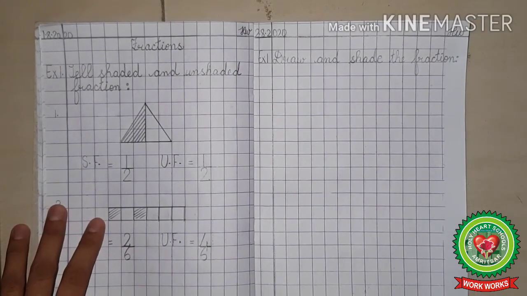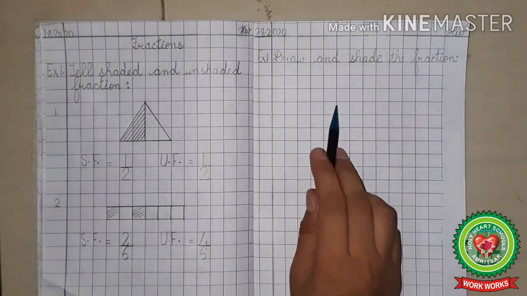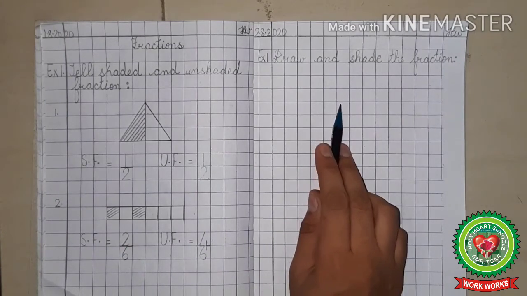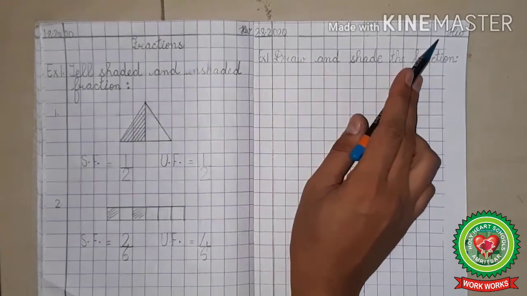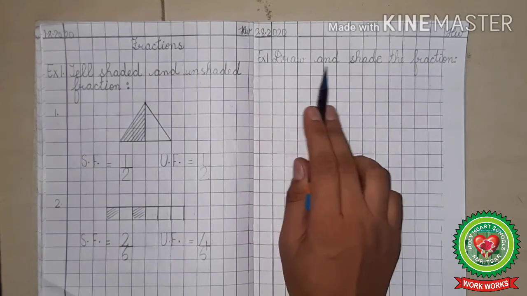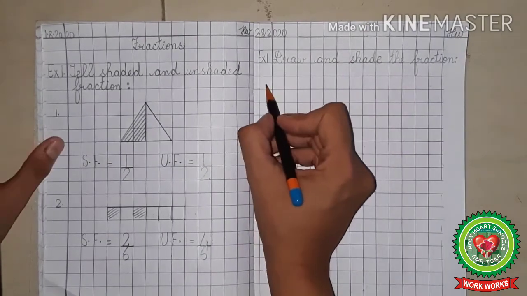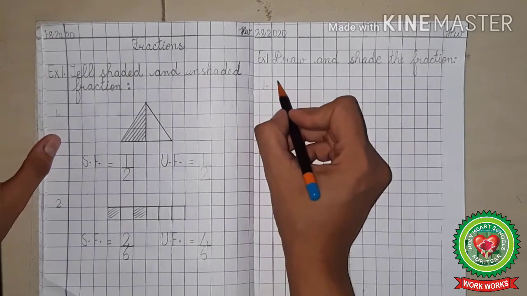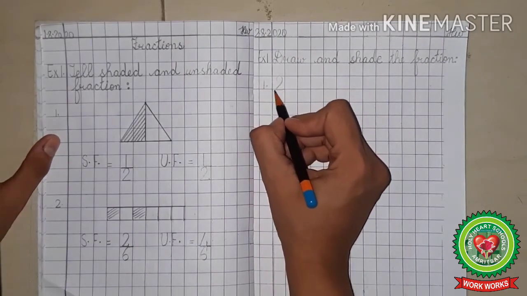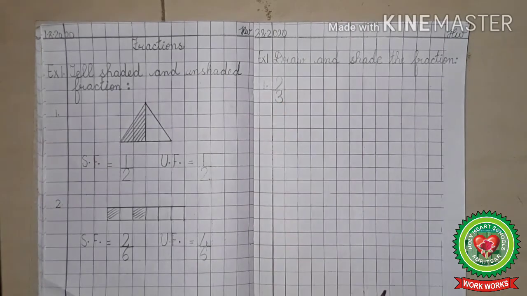Now children, we are going to start draw and shade the fraction. First of all, take a new page in your copy. Write down the date, homework, margins will be drawn, and exercise 1. Draw and shade the fraction. Now children, let us suppose our first sum is 2 upon 3. The fraction will be given to you.